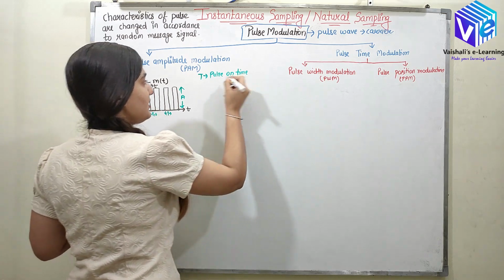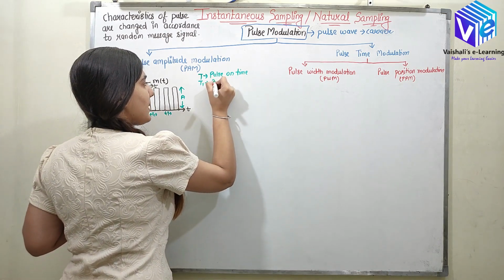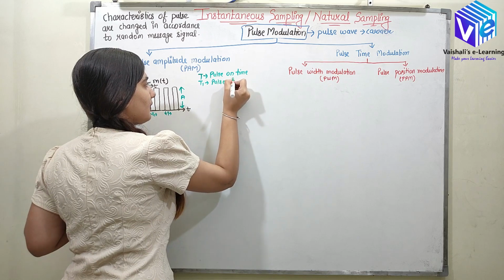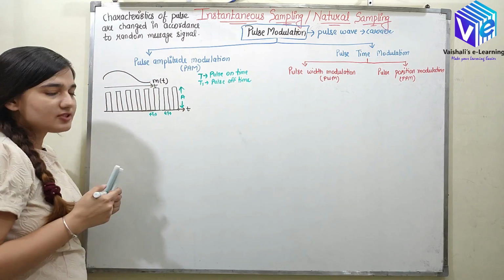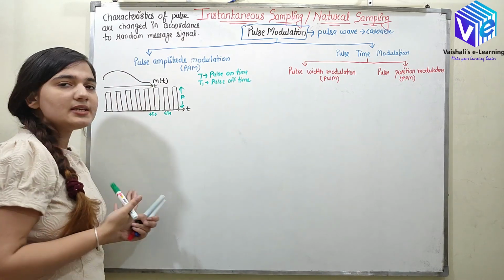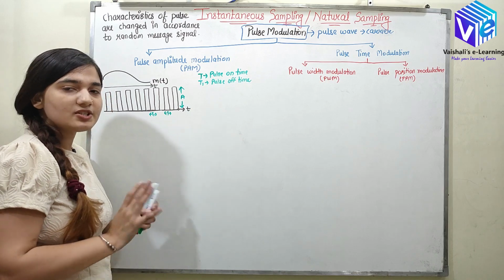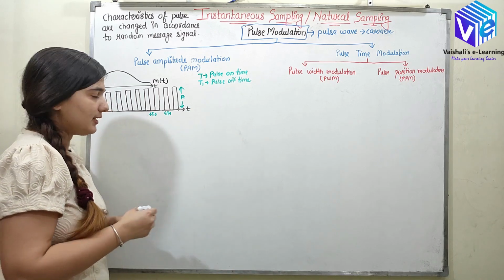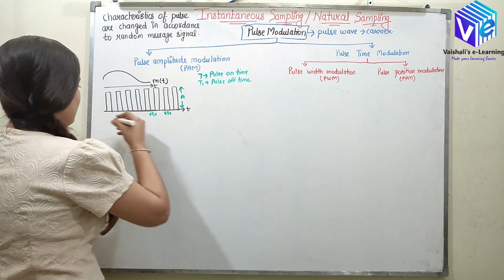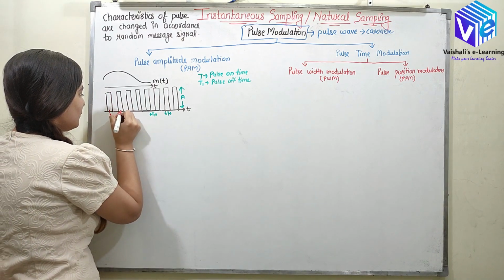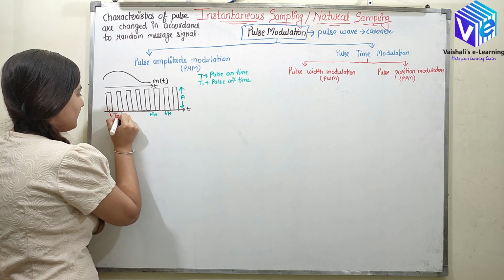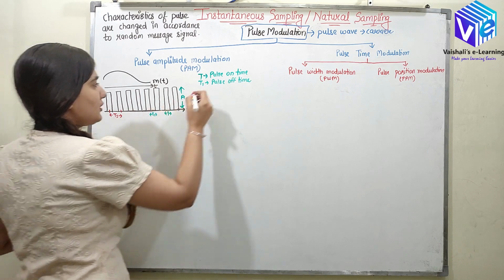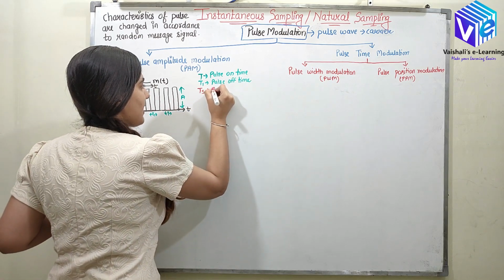So this is T1, and T1 is pulse off time. Generally the T1 is greater than T. It's a general case, you can take T1 to be equal to T as well. Now here we have TS as well. TS is the difference between two samples, so TS is the sampling time.